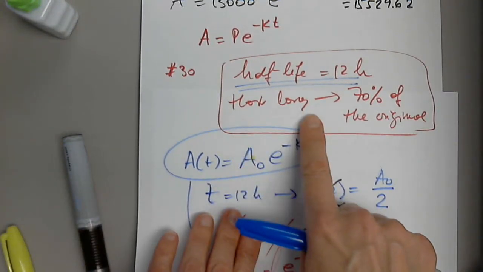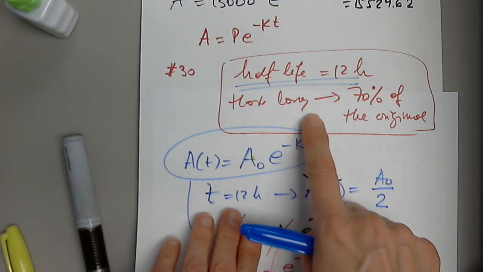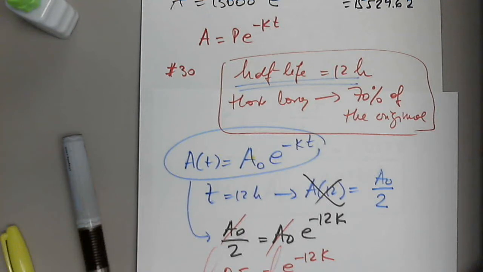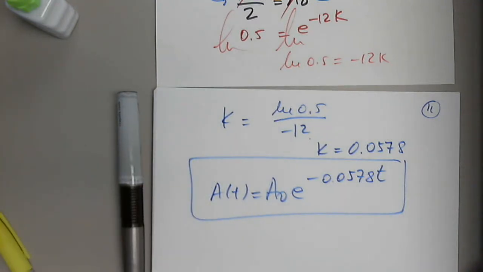How long it takes for the original amount to decay to, let me read again to make sure, it says 70%. For the aspirin to decay to 70% of the original dosage. So I take an aspirin right now. Let's say it's noon.